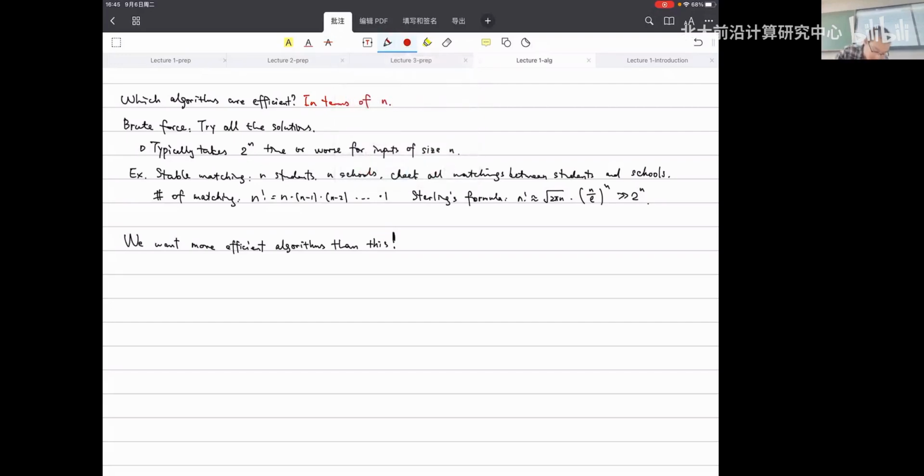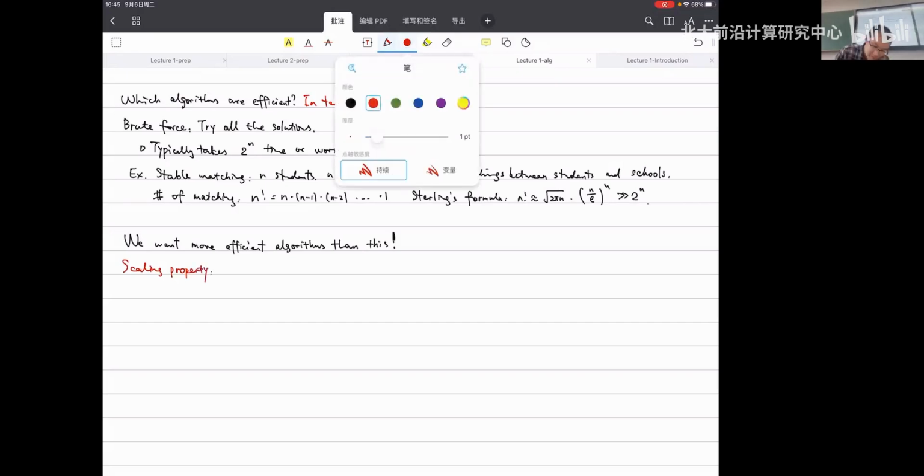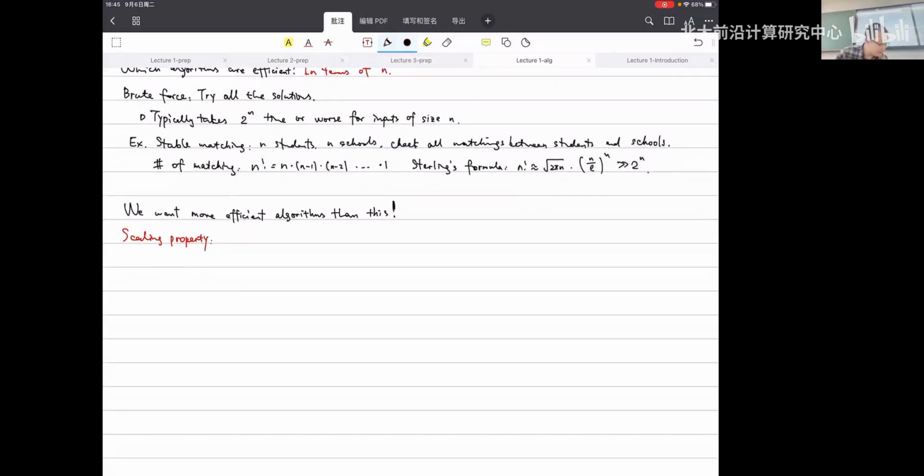We consider something called a scaling property. When the input size doubles, I mean that instead of considering a problem of input size n, we consider a problem of input size 2n.